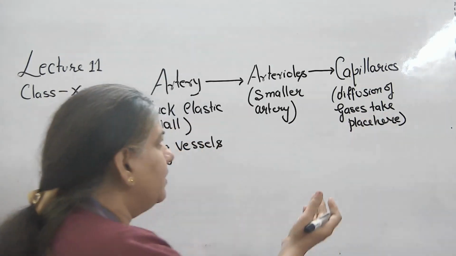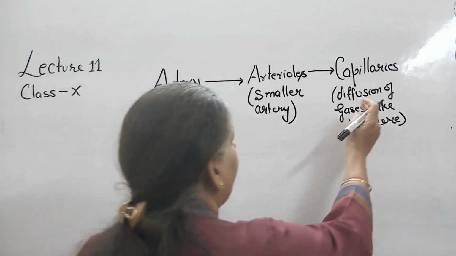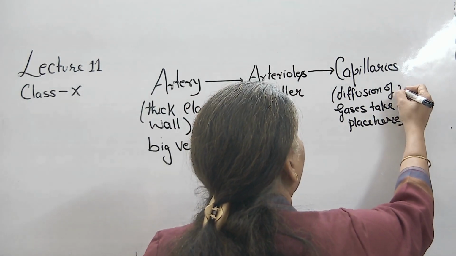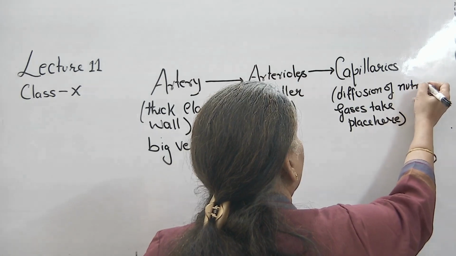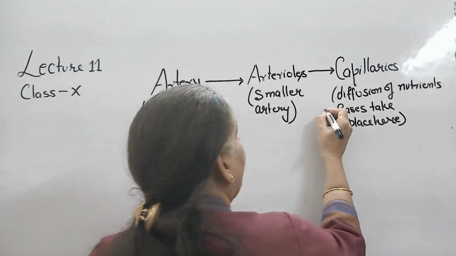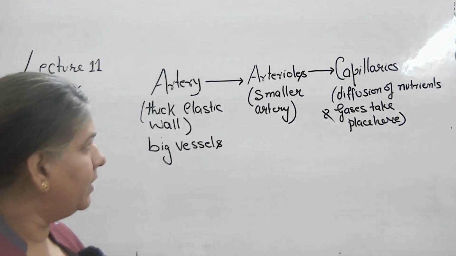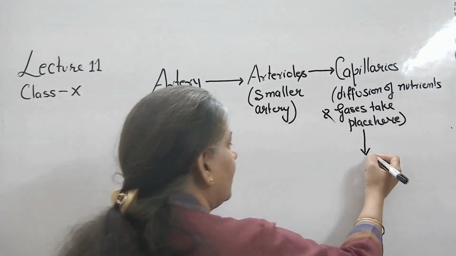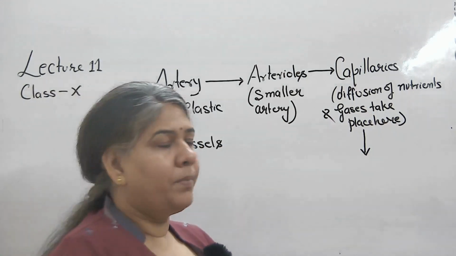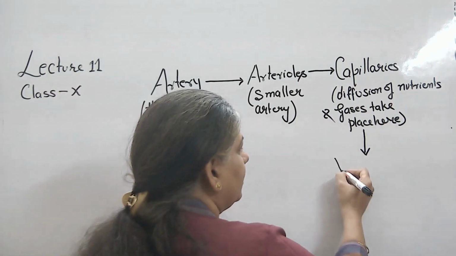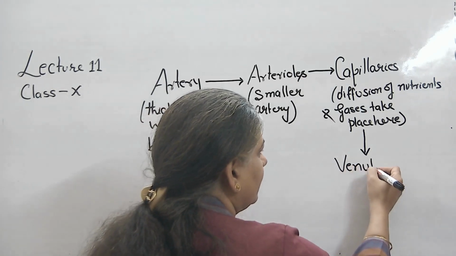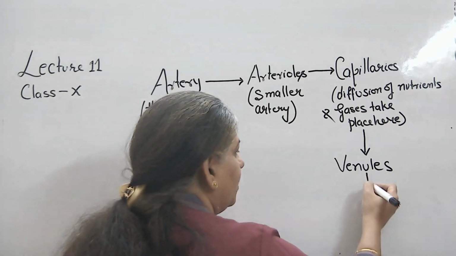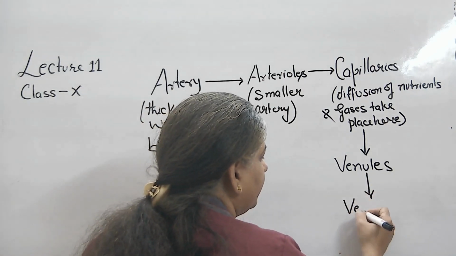So basically you can write that diffusion of gases or diffusion of nutrients and gases take place here. Then these capillaries again start joining and form venules. And these venules join to form veins.